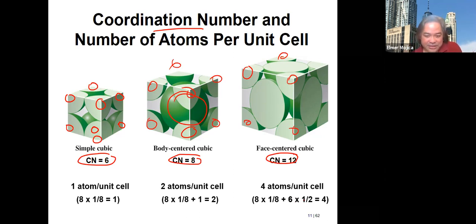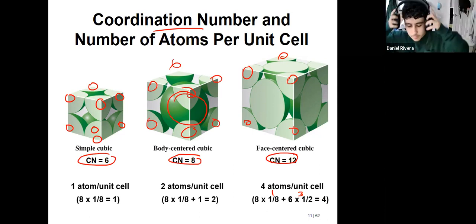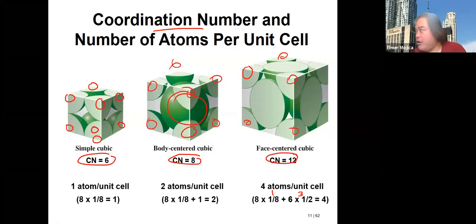So 6 times 1/2 is 3, plus 1, you have 4. This is the thing that may come out in your exam: what's the coordination number and how many atoms you have in a given unit cell. So that's all in chapter 11.